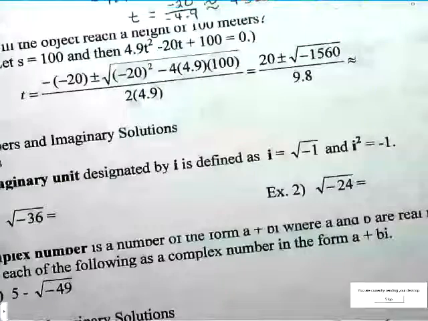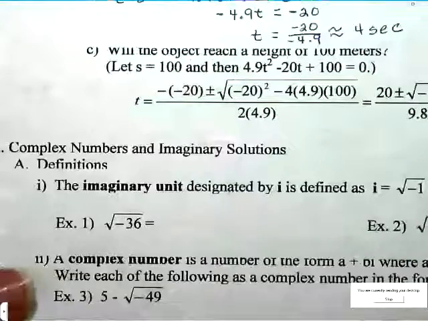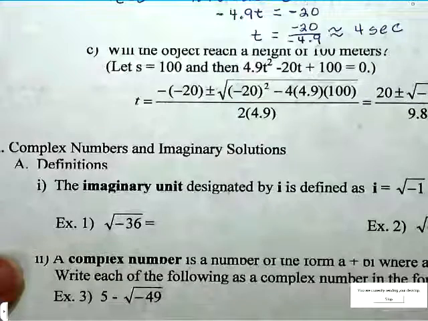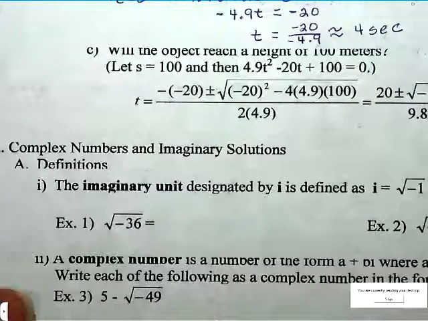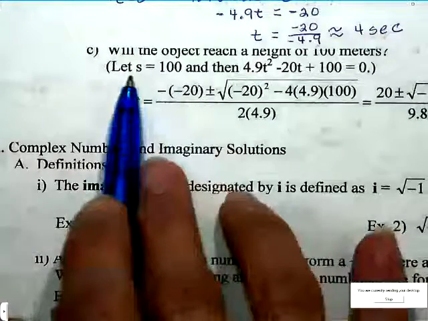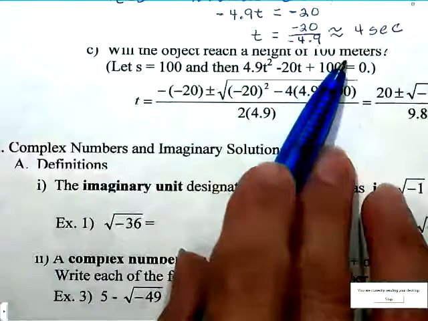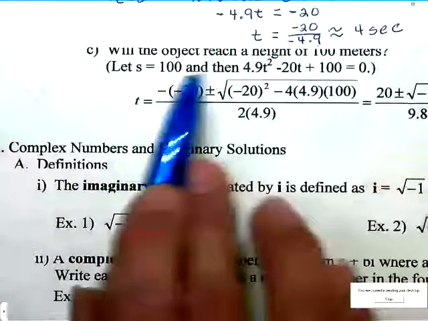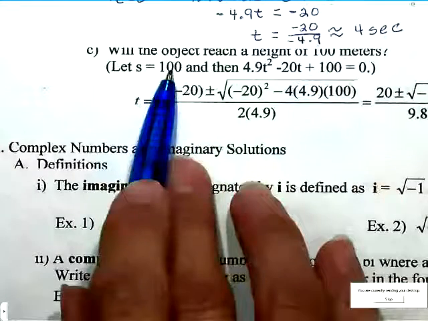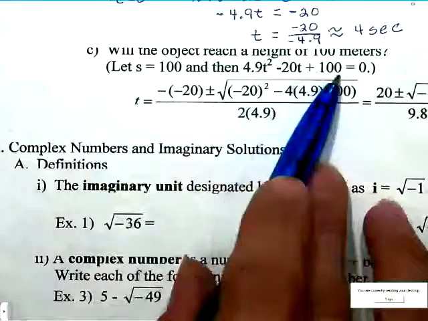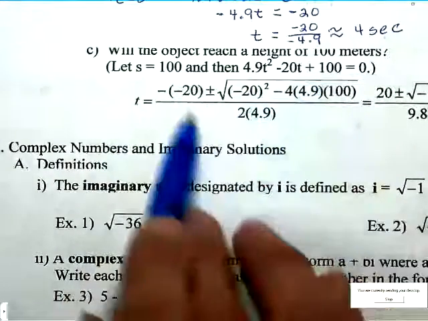All right. C part leads us into section 2.3 rather well. When will the object reach a height of 100 meters? Well, just like we did in the A part, that means let S be 100 instead of 50. Get the equation in standard form. Plug it into the quadratic formula.